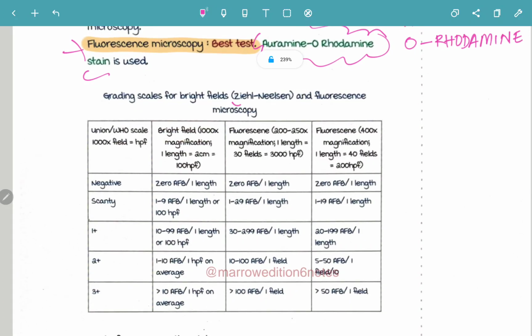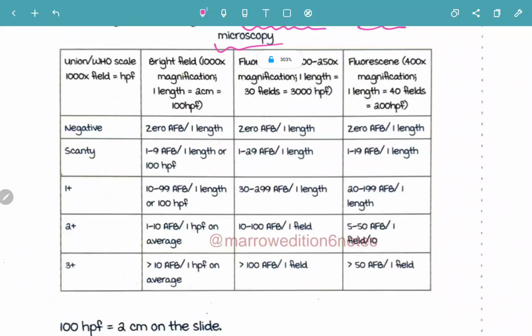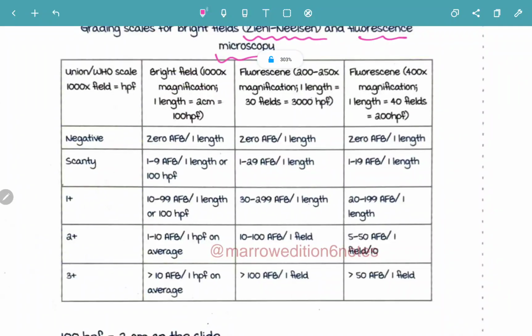In fluorescence, it is going to be around 400x magnification, and one length is 40 fields. 0 acid fast bacilli per one length is negative.